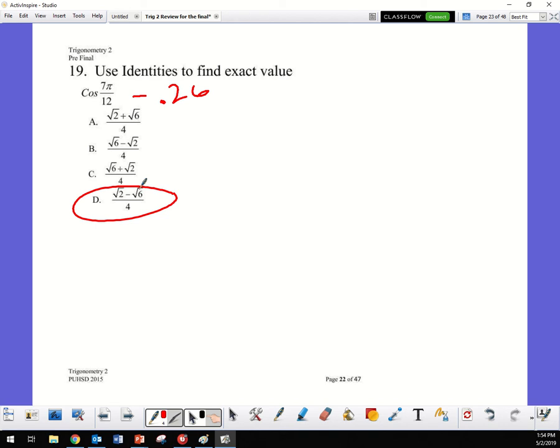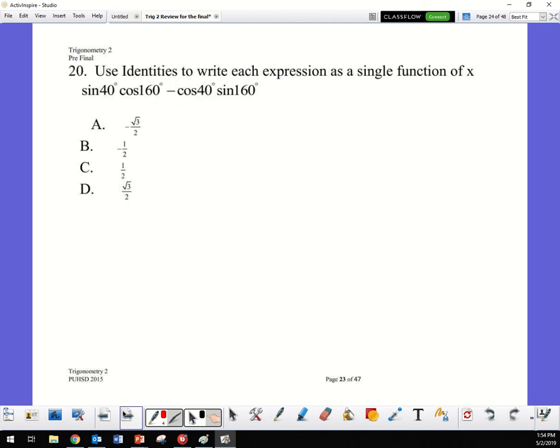All right, let's take a look at the next problem. Use identities to write the expression as a single function of x. Calculator. I could do it as an angle addition or angle subtraction, right? So it's going to be sine of 40 minus 60... no, that's 160.